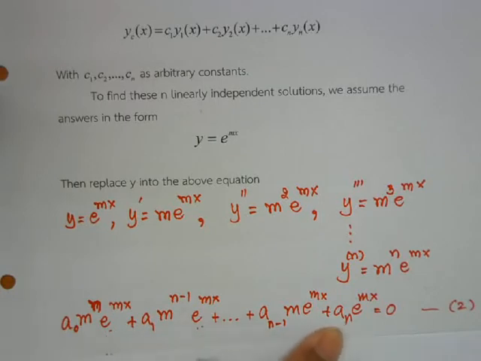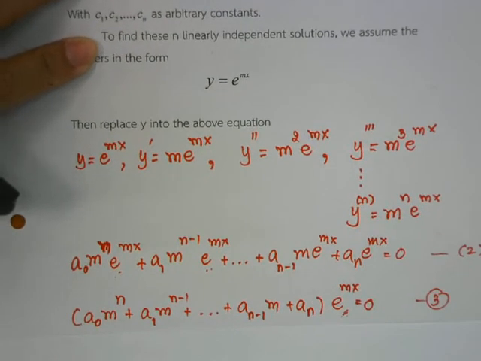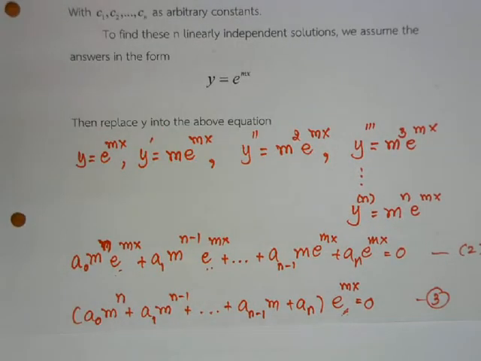In equation 2, what is the factor that every term has? Exponential of mx. So I take the exponential of mx out, and we get equation 3.